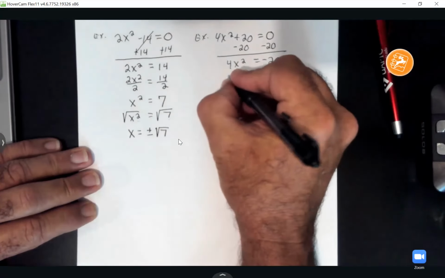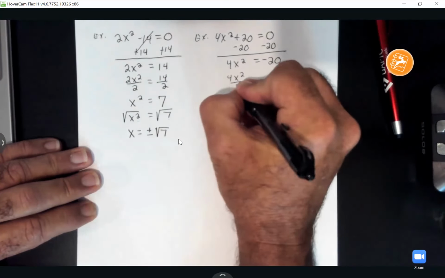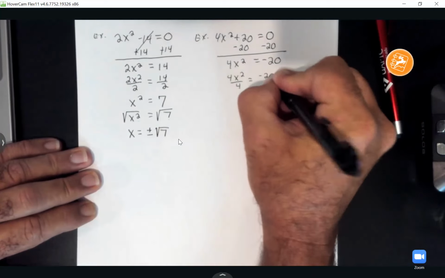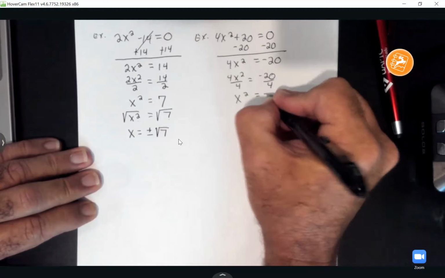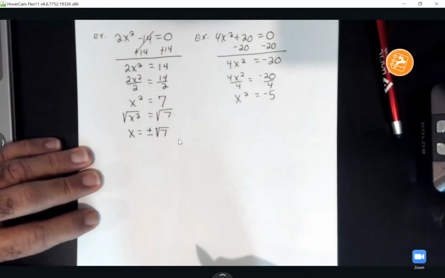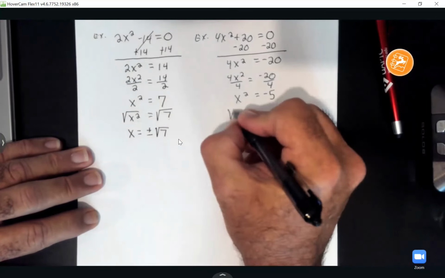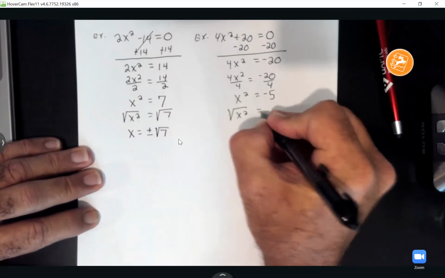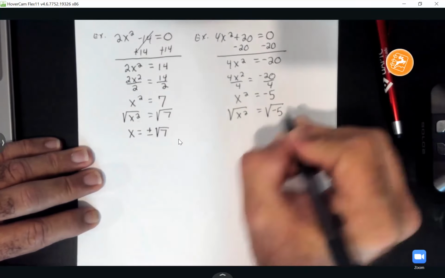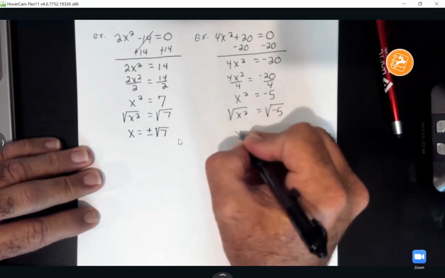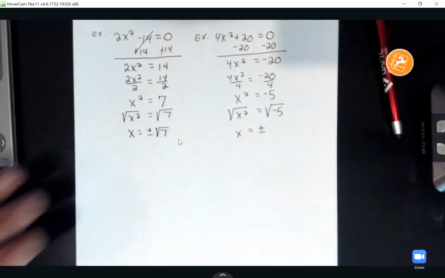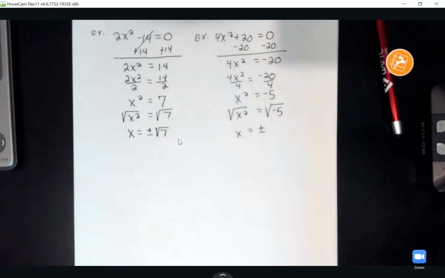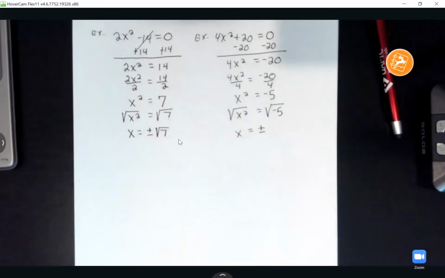Divide both sides by 4, so that my x squared equals negative 5. Then once again, we're going to take square roots of both sides. So the x squared will come out as an x. This is going to be a plus or minus. Can we do anything to the square root of that negative 5?